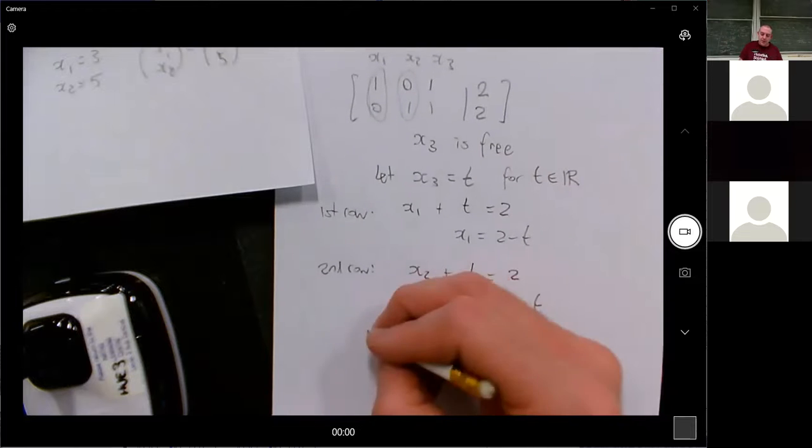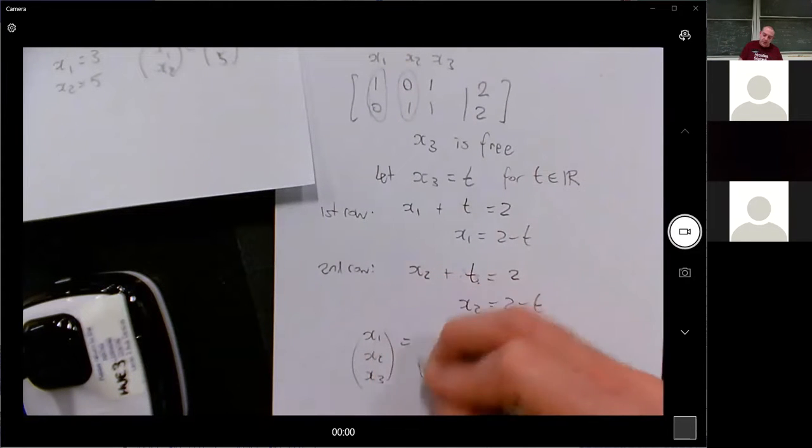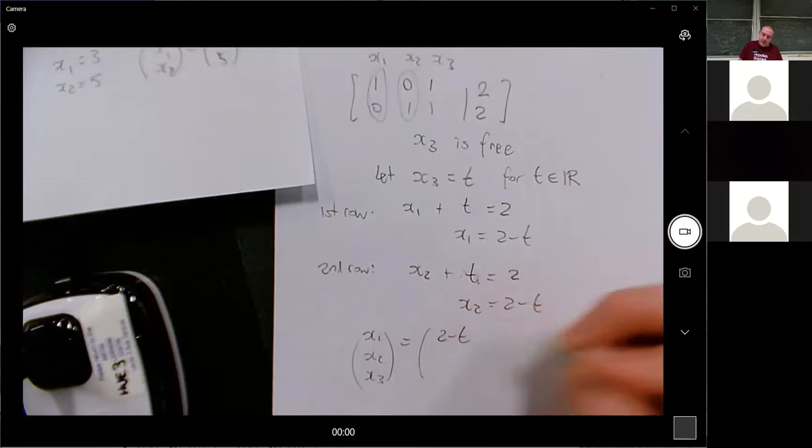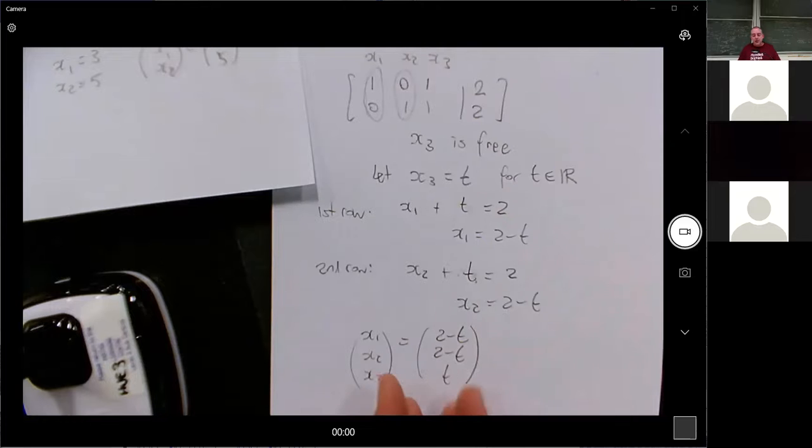And so now if I collect them together, x1 and x2 and x3: x1 was 2 minus t, and x2 was also 2 minus t, and x3 was t. And they're all the solutions. Every vector that looks like this is a solution. Every combination of x1, x2, and x3 that are related in this way is a solution.